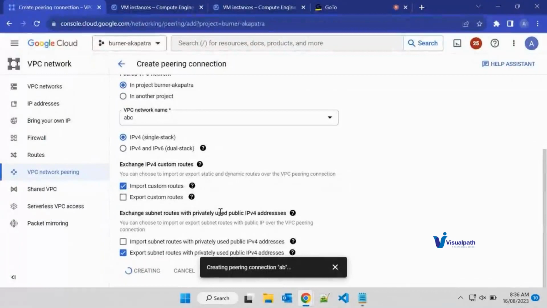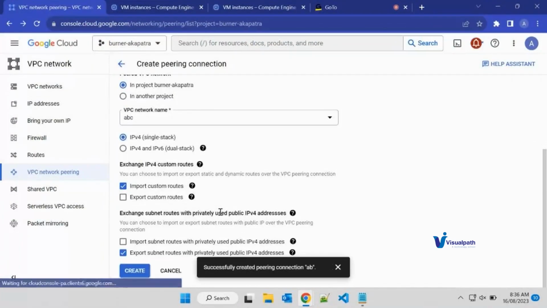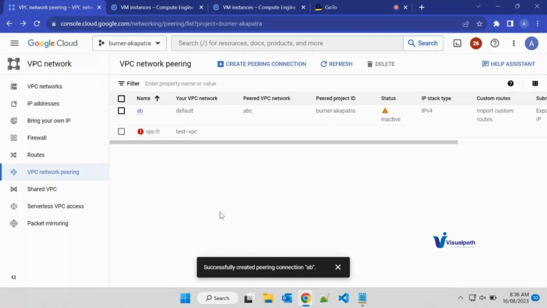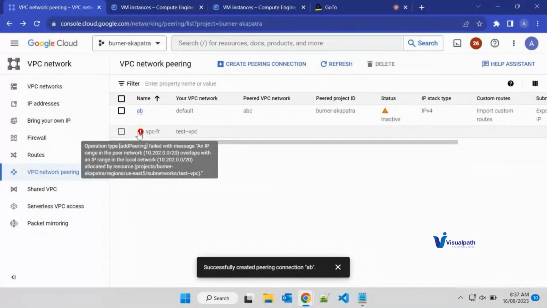There's one pointer, please do note it down: this will not happen if you have CIDR ranges clashing between two VPCs. The VPCs won't get established. I had this typical example to show you, which is why I did not delete it. You can see the reason why it failed: an IP range in the peer network, 10.202.0.0/20, overlaps with an IP range in the local network with the same address.